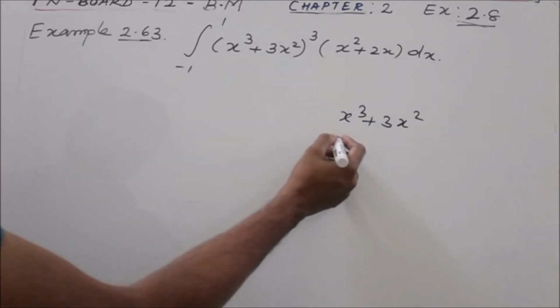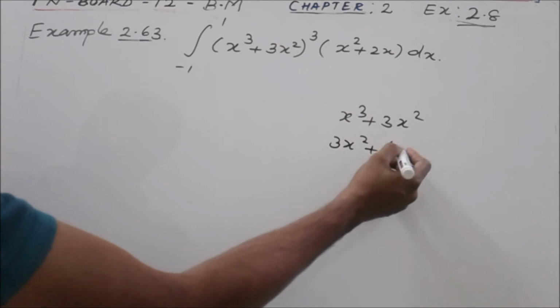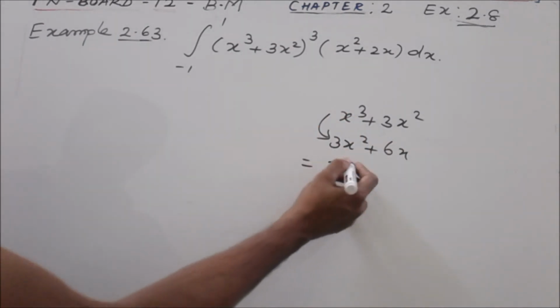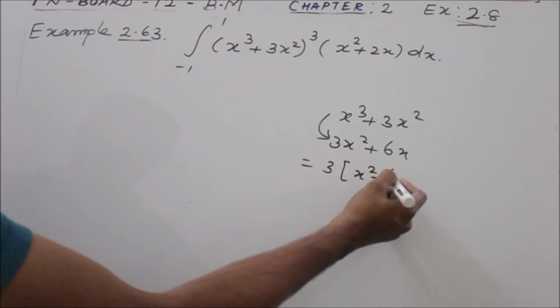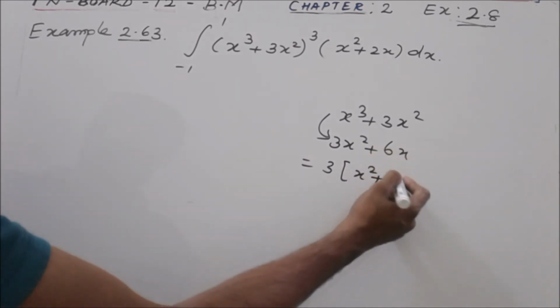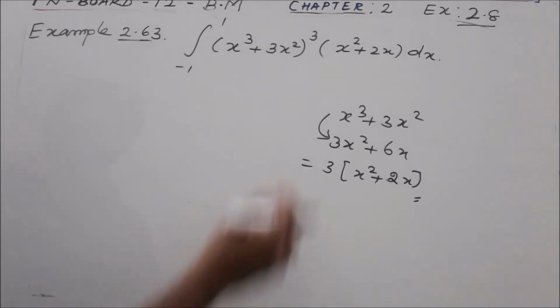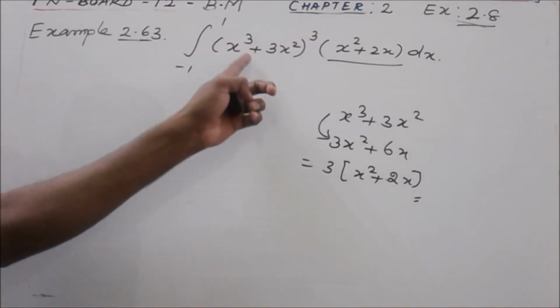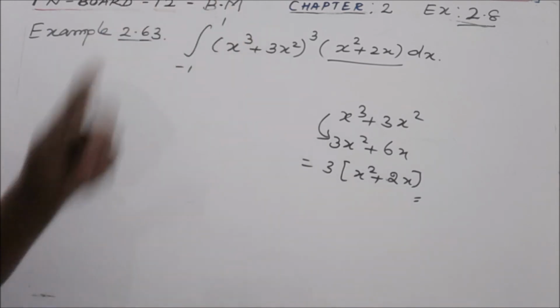Differentiate it. 3x square plus 6x is its derivative. Now take out 3 as common. X square plus 2x remains. The term within the product is x square plus 2x, that is the derivative of the function within the power.